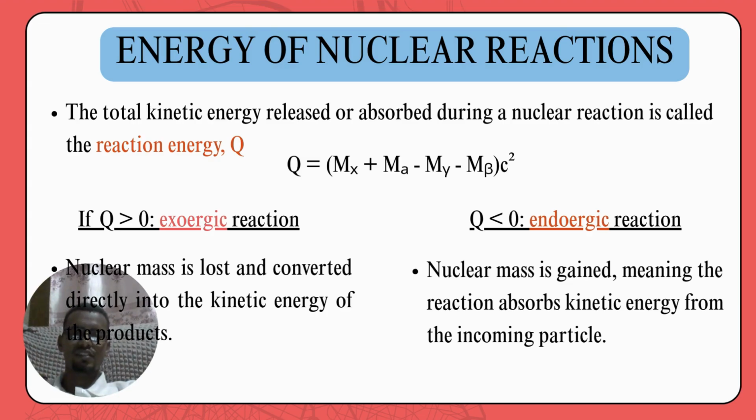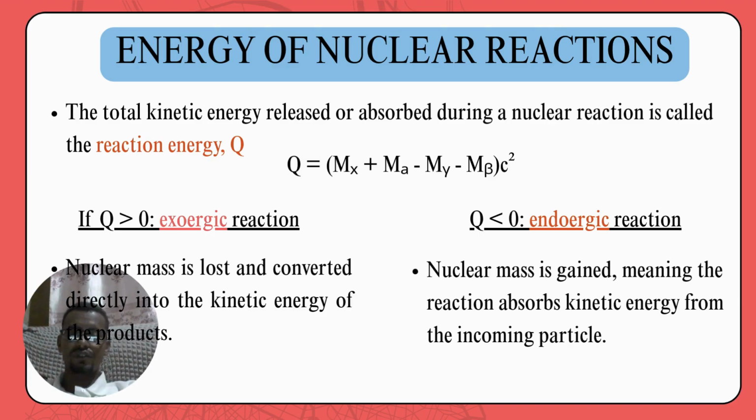It equals the mass of X plus the mass of A minus the mass of Y minus the mass of B, times c squared, where the term in the bracket is the difference in mass. The difference in mass arises from the nuclear reaction we have seen earlier, and this Q value tells us about the nature of the reaction.